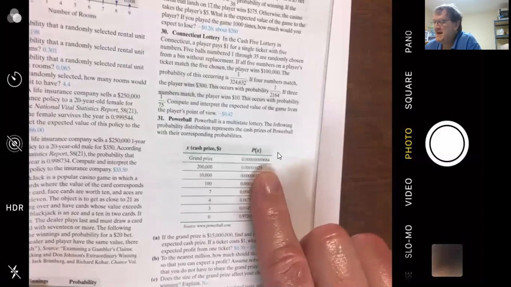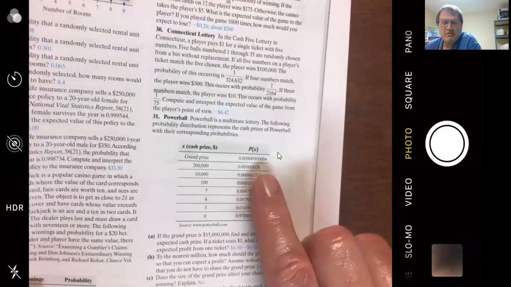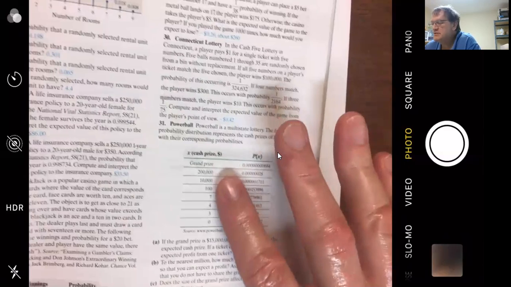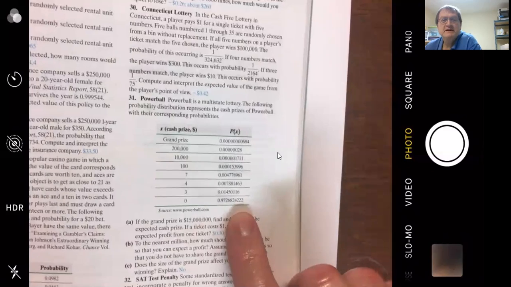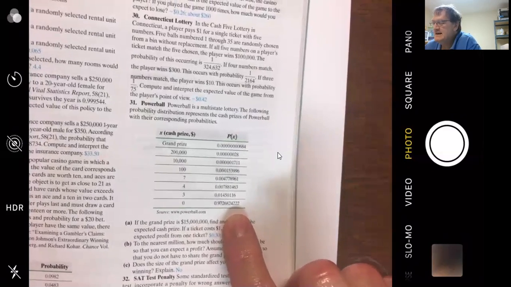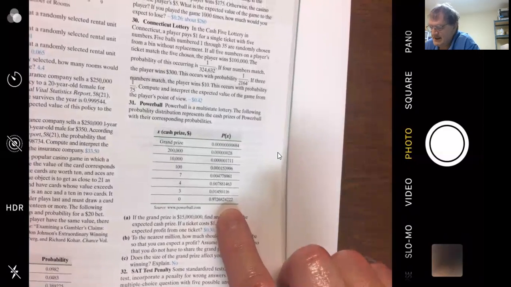You see that? What's the most likely outcome? You come down, cash prize of 0. What's the chance of winning nothing? 97%. 97% chance you win nothing.